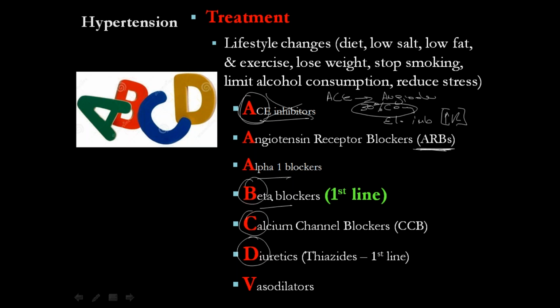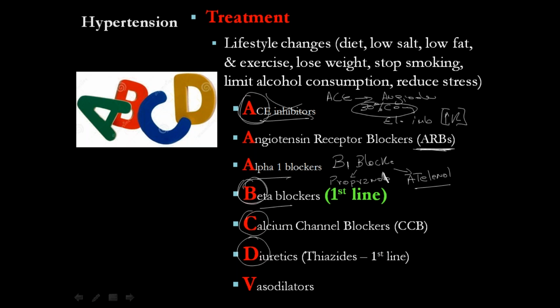We have the beta blockers. The beta blockers are going to be beta 1 blockers, right? But we have two things: propranolol and atenolol. There are more, but I'm going to give you the tips for the NCLEX.